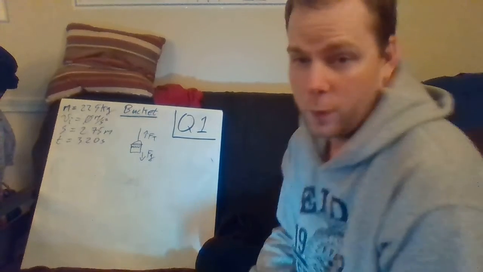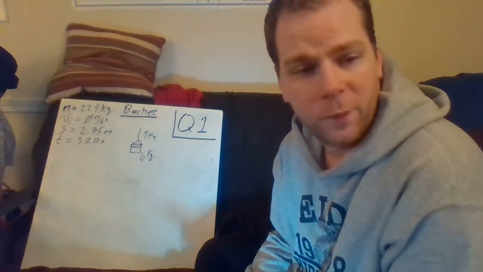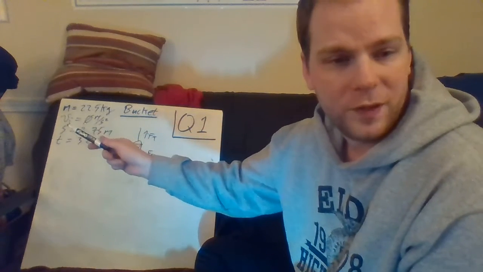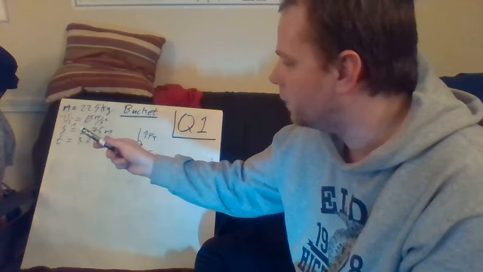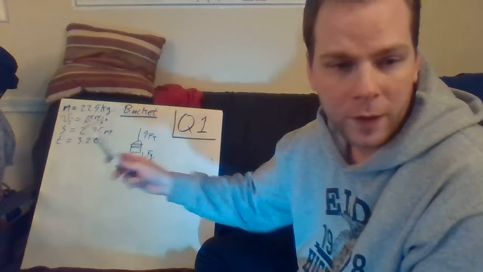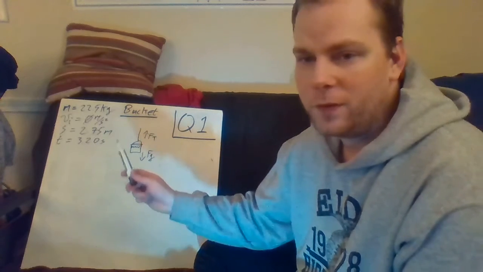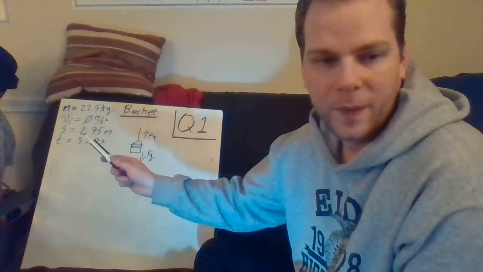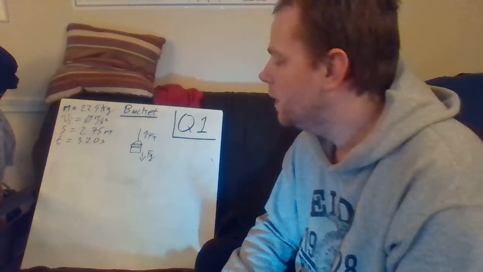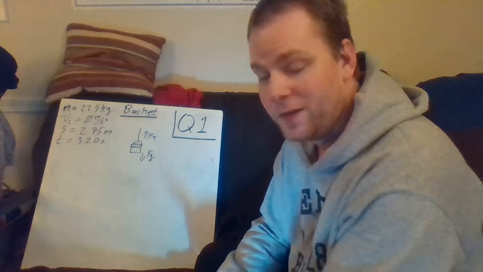For the bucket question, an old-fashioned well has a bucket hanging from a pulley. If the filled bucket has a mass of 22.5 kilograms and is raised from rest, so VI equals 0, by 2.75 meters, that's our S, in 3.2 seconds, then what is the constant force being applied to raise it?